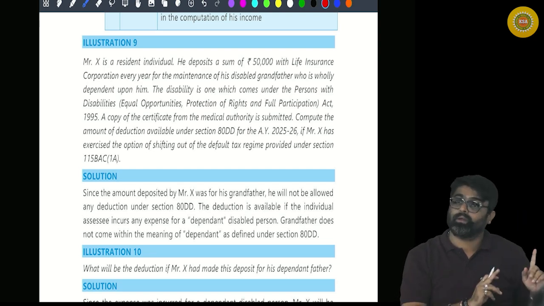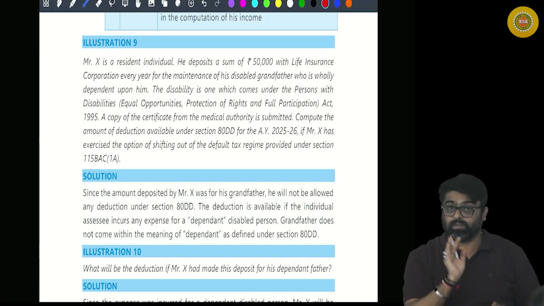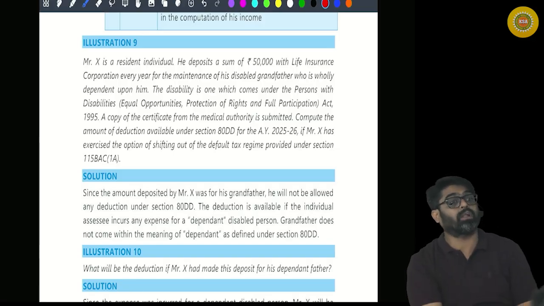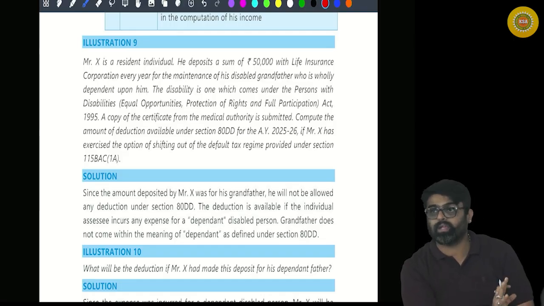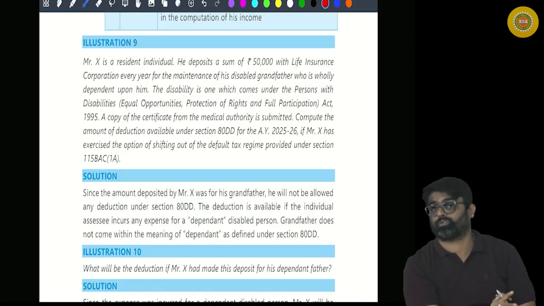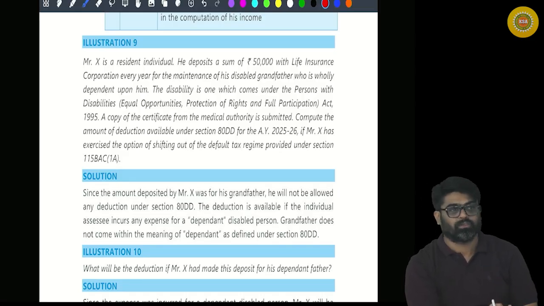And that person who is suffering from this disability must be your relative and must be dependent on you. Relative means SSPC. What did I say? SSPC. S for spouse. Again S, siblings, meaning brother or sister. P means parents and C means children.